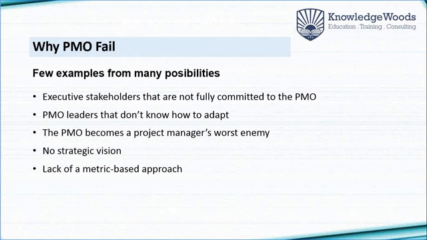So you have to define metrics for it: how many certified managers you need by the end of a year or period, how many trainings you need to deliver, and what the percentage reduction should be in the number of projects that are outsourced because of a lack of project management resource capability in your organization.